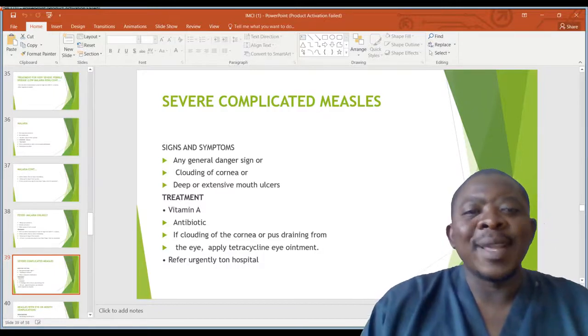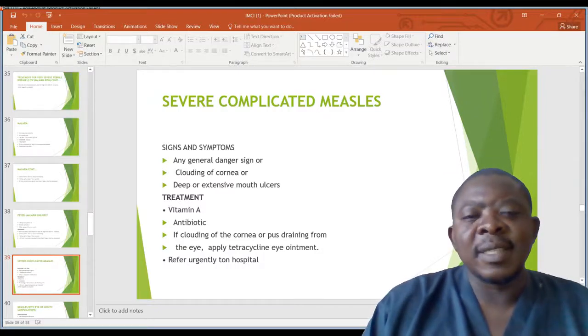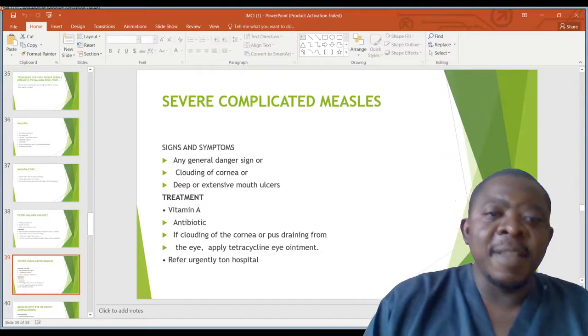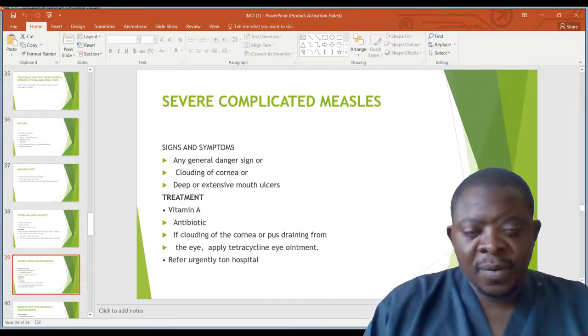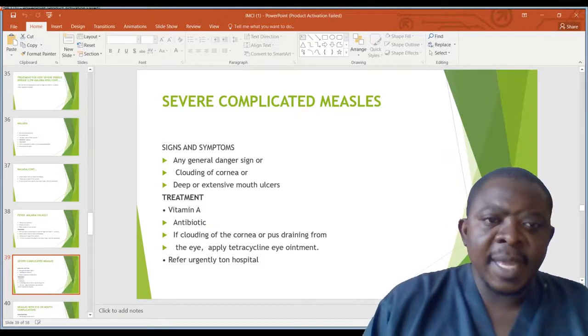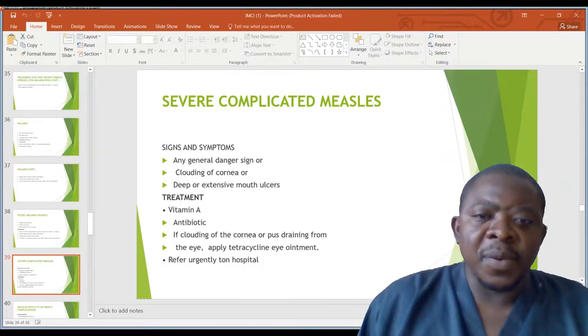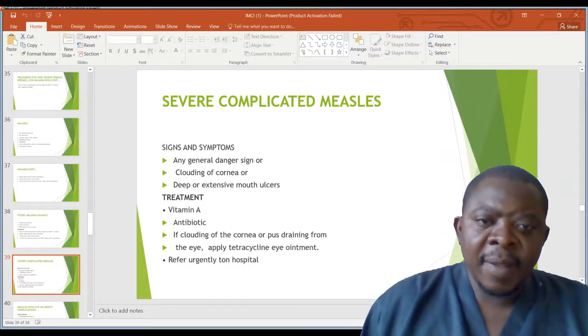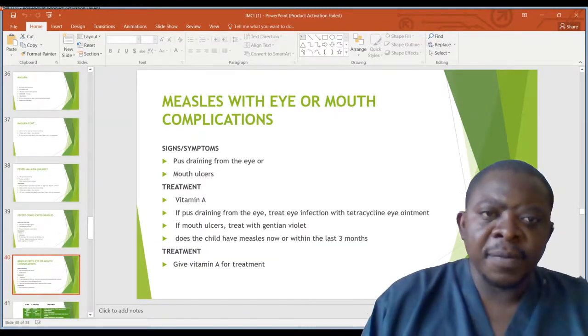So if there are complications to do with measles, that danger sign, there will be deep or extensive mouth sores and there is clouding of the cornea. Treatment is vitamin A. Then you can give antibiotic cover. If clouding of cornea or pus draining from the eye, you can apply tetracycline eye ointment and refer.